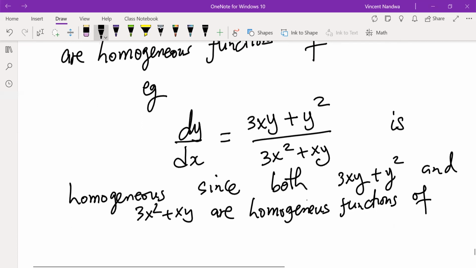You can always confirm that for both to be of degree 2.